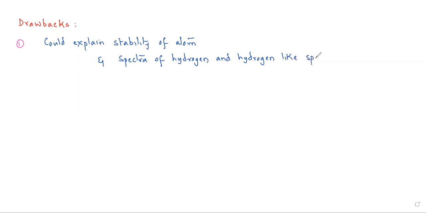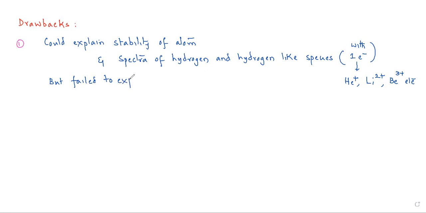What do you mean by hydrogen-like species? Nothing but those with one electron, like for example, helium plus, Li plus 2, beryllium plus 3, etc. But it failed to explain the spectra of multi-electron species.